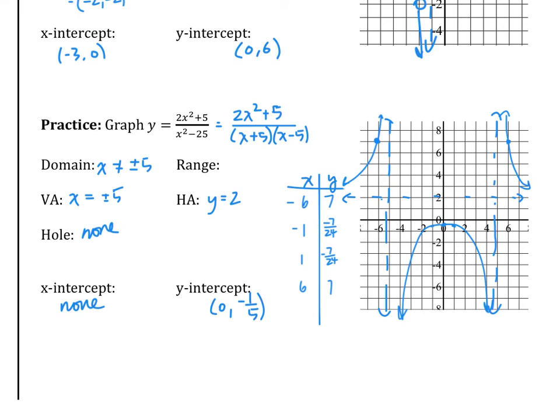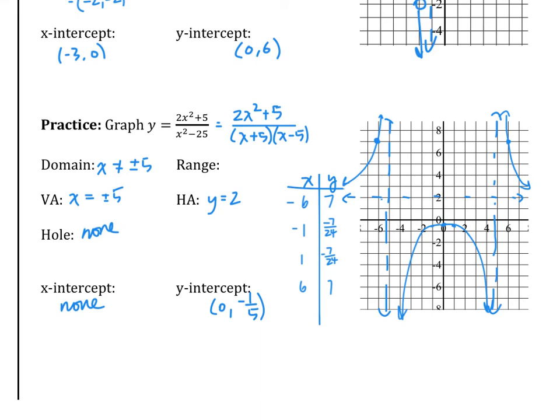You can see that at -1 and 1, the graph goes lower than the y-intercept, so this graph is going to go down. And then the other 2 points tell you which quadrant or which section the rest of the graph is going to be in, and then you just draw it as if the graph is going towards the asymptote.